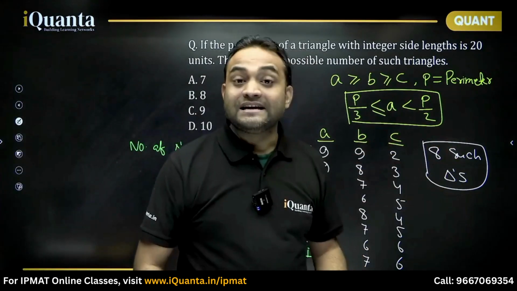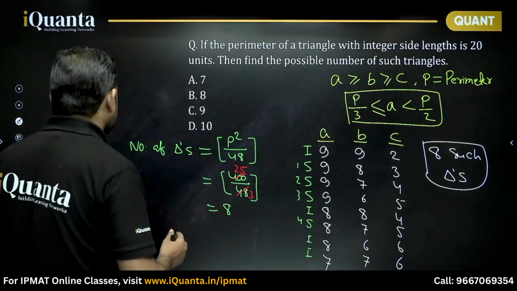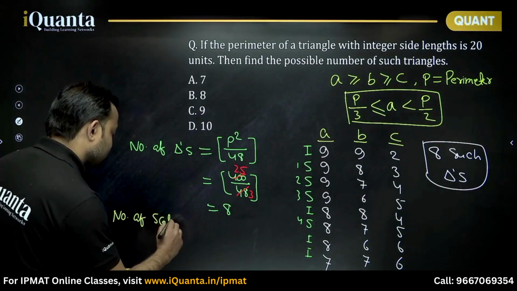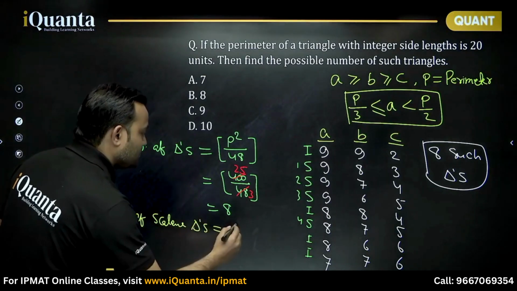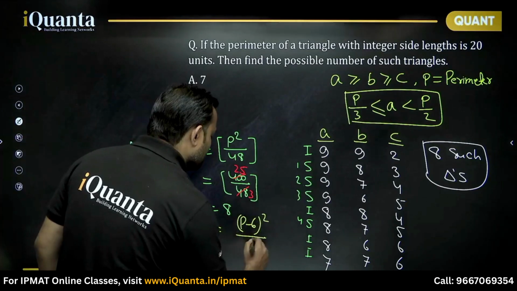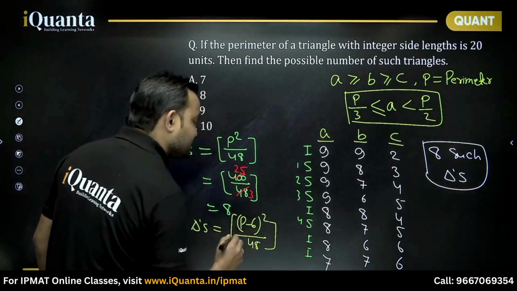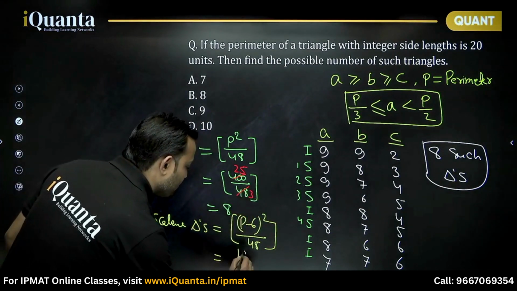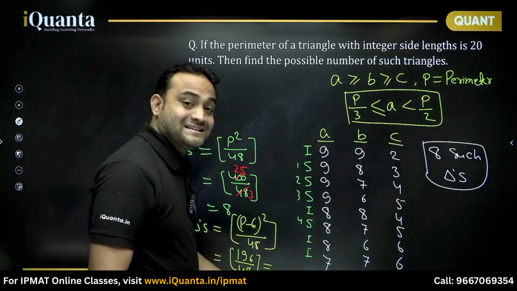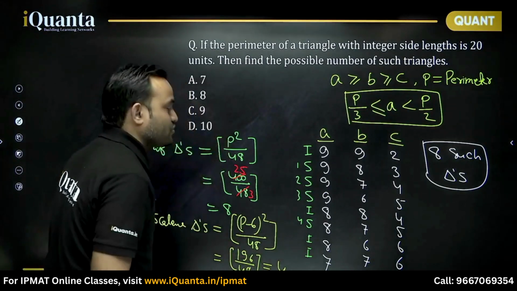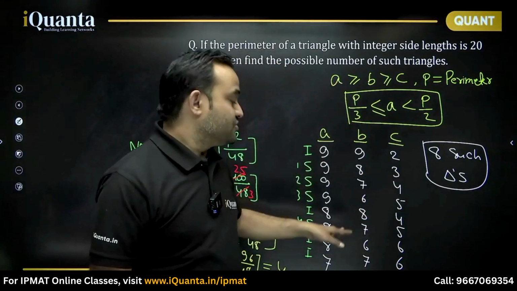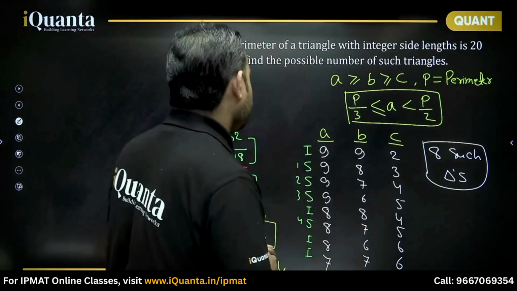If you want to directly find how many scalene triangles there will be, then use P minus 6. The number of scalene triangles will be the nearest integer of (P minus 6) whole square by 48, that is, 20 minus 6, which is 14. So this will be 196 by 48. Again, if you check this value, 48 into 2 is 96, into 2 is 192, so this value comes to 4, which is what we got here. So you can use this directly for your purpose, or otherwise you can use this method if there is some twist in the question.